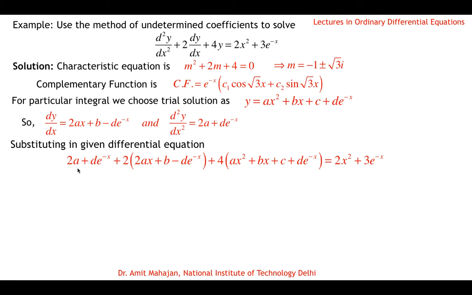Now we combine the constant, linear, quadratic, and exponential terms on the left hand side. The exponential terms are d e^(-x) - 2d e^(-x) + 4d e^(-x), so we can combine them.